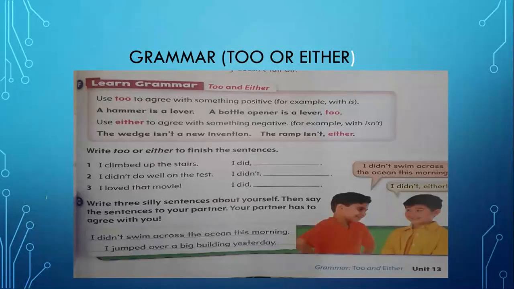So listen to me, all of you. Of course, they have given you an example here. It could be "was", it could be "were", it could be any word, but it could be "isn't", "wasn't", "didn't", "doesn't", any word. When the sentence is positive, there won't be "isn't", "wasn't", "weren't", "didn't", or something like that.